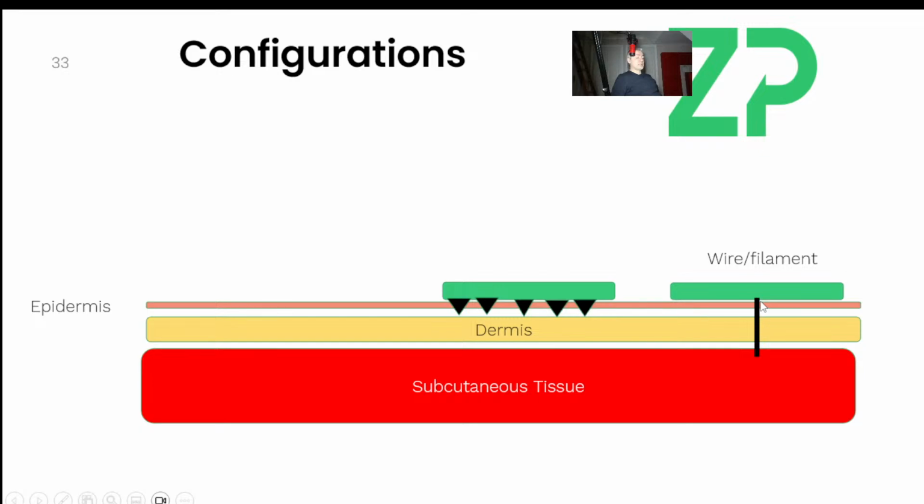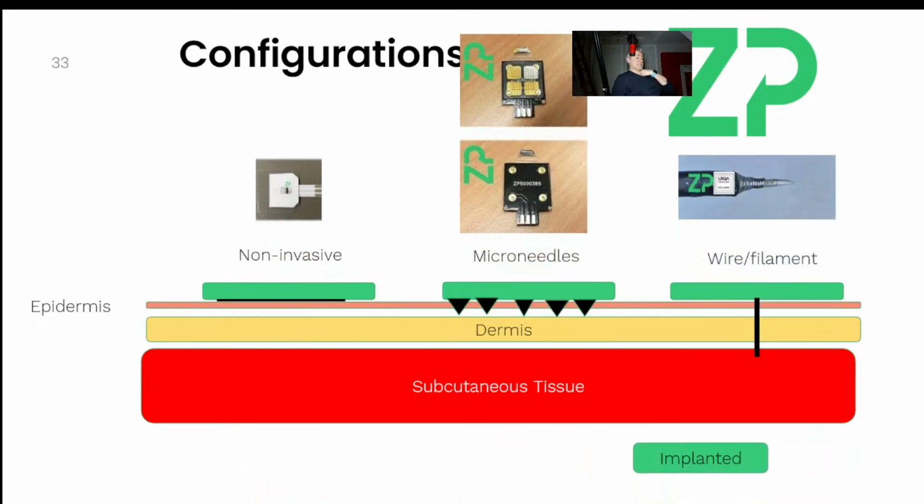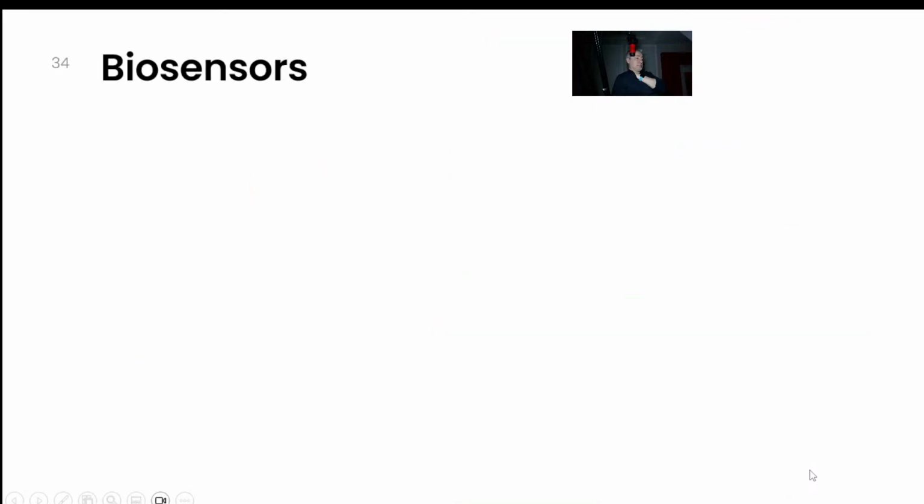We do microneedles. That's probably easier because it's less invasive. We also do sweat patches, which is much easier to get ethical approval on because you're not really penetrating the skin. And we do have implanted sensors, but that would be an absolutely terrible one to try to get ethical approval on. So I wouldn't even go there.